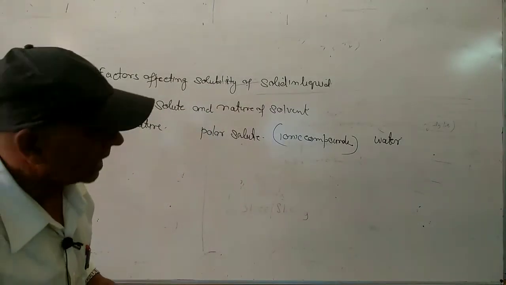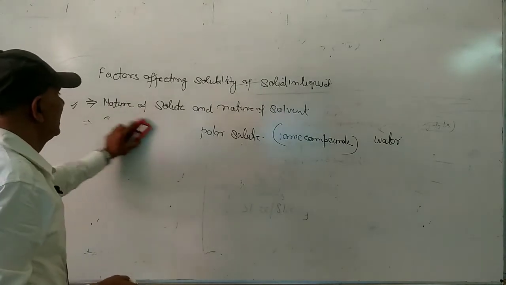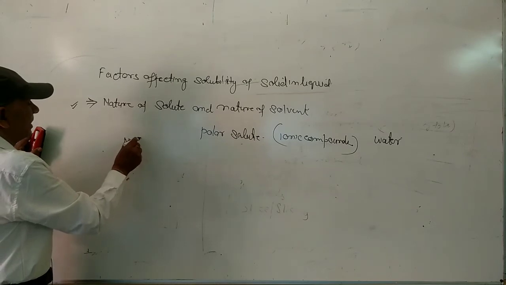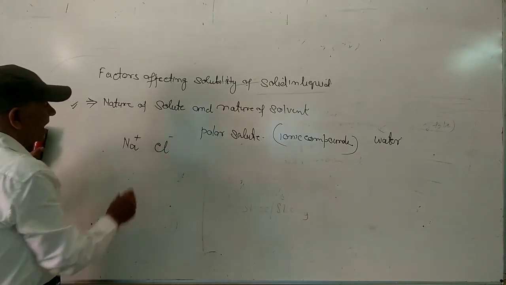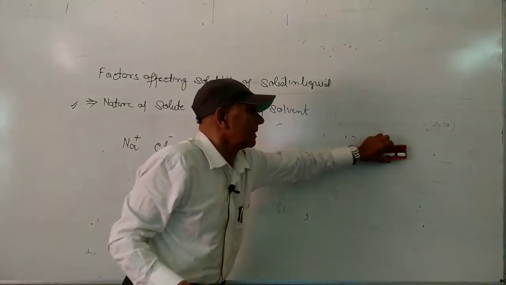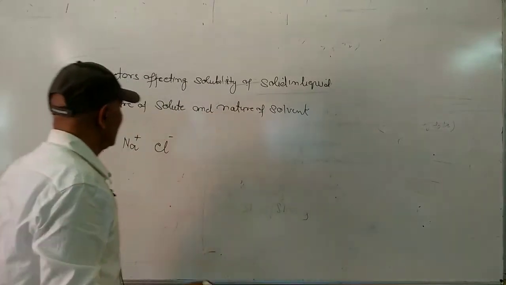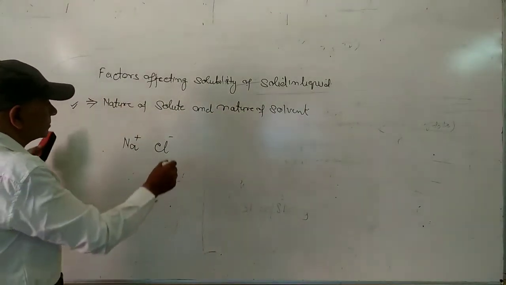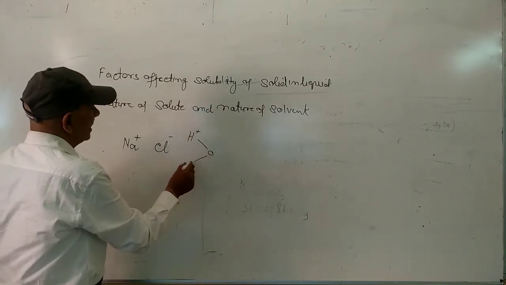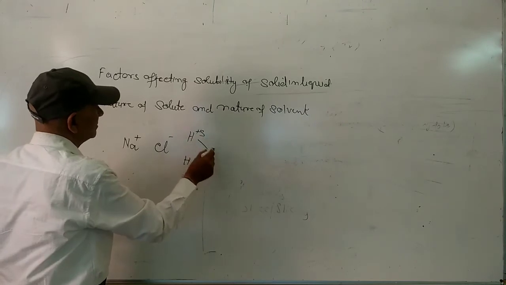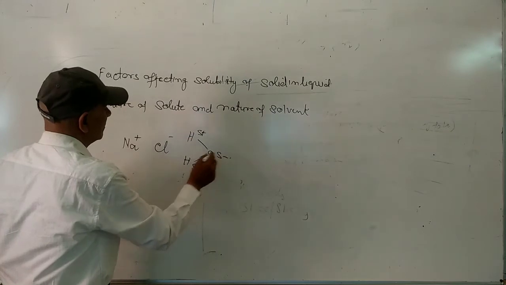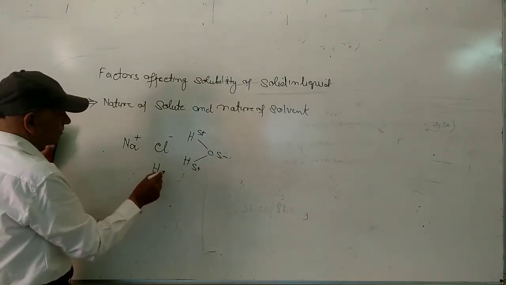So both are polar, and due to this polar nature, consider the solubility of sodium chloride. When sodium chloride dissolves in water, it consists of the sodium ion and the chloride ion, and as you know, water is polar in nature, where the hydrogen part of the water is partially positive.